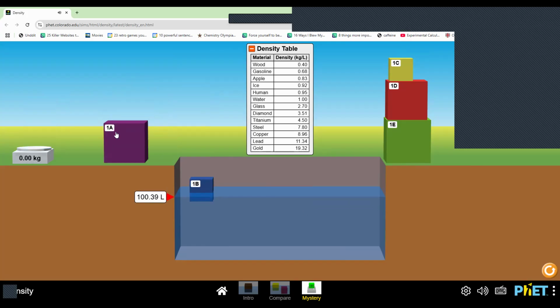Oh, get out of there, A. Volume is 0.4 liters. Okay, so what is object 1B? What is its identity based on this density table? Well, let's think about that. 0.4 kilograms divided by exactly 0.4. It's water. Okay, great.